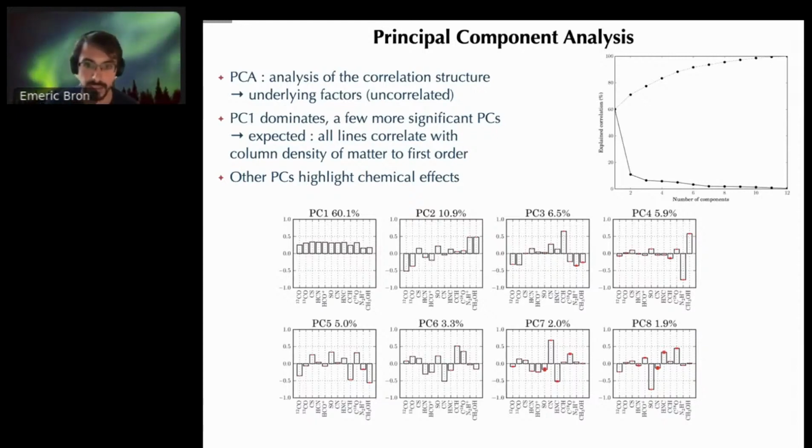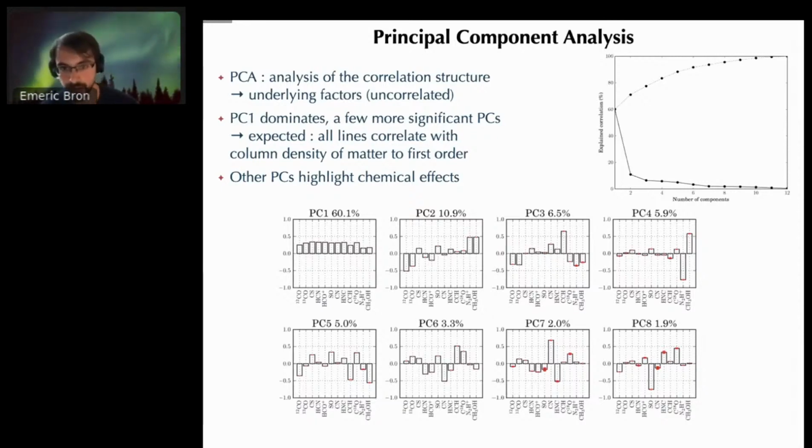And then we see chemical effects starting to appear with, for instance, the second principal component having positive contributions from N2H+ and methanol, which are typical of very high density cores, and negative contributions from 12CO and 13CO, as in high density cores, those lines will start to be optically thick, and also those molecules will freeze out on grains.